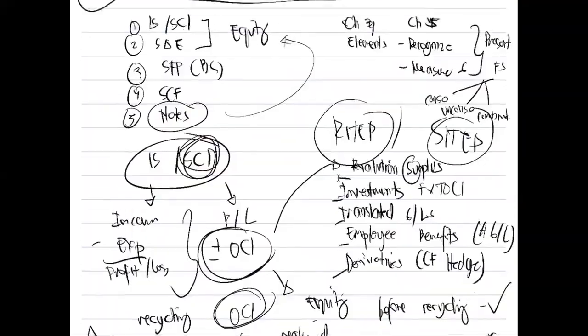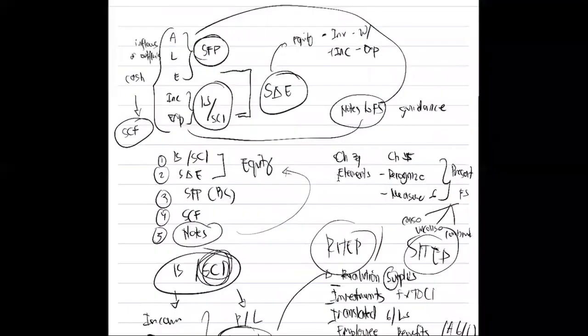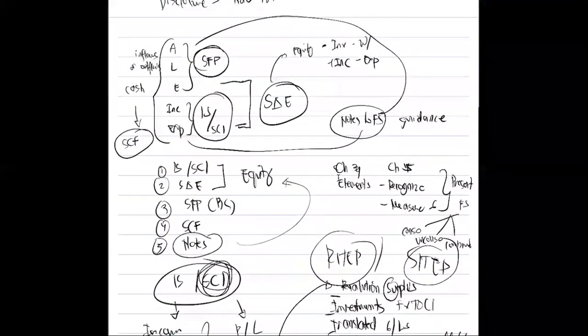Okay? So again, we have your different elements. We recognize it first, and then we measure it, and then we place it on your FS. What are the different financial statements? I hope you have already read that under PAS 1. So we have your SCI, Statement of Changes in Equity, SFP, SCF, and your notes.